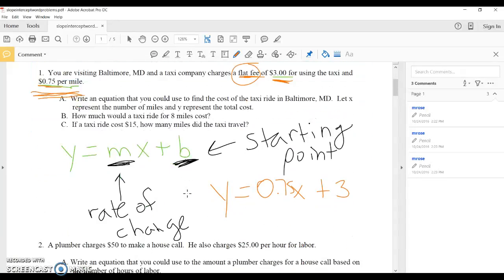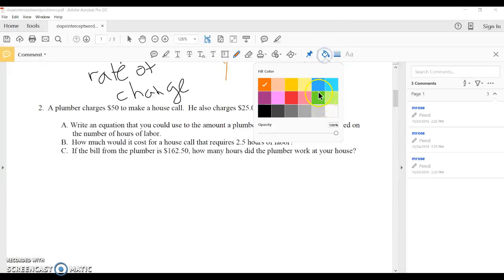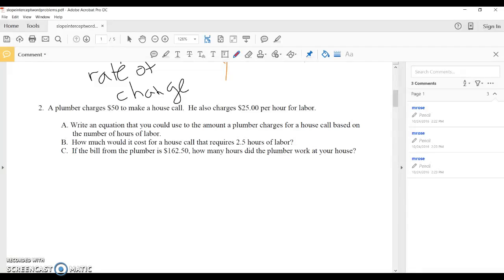Let's look at another kind of problem with this. When I read through this one, it says a plumber charges $50 to make a house call, and then $25 per hour of labor. So again, I'm going to say y equals, and this is the starting amount.